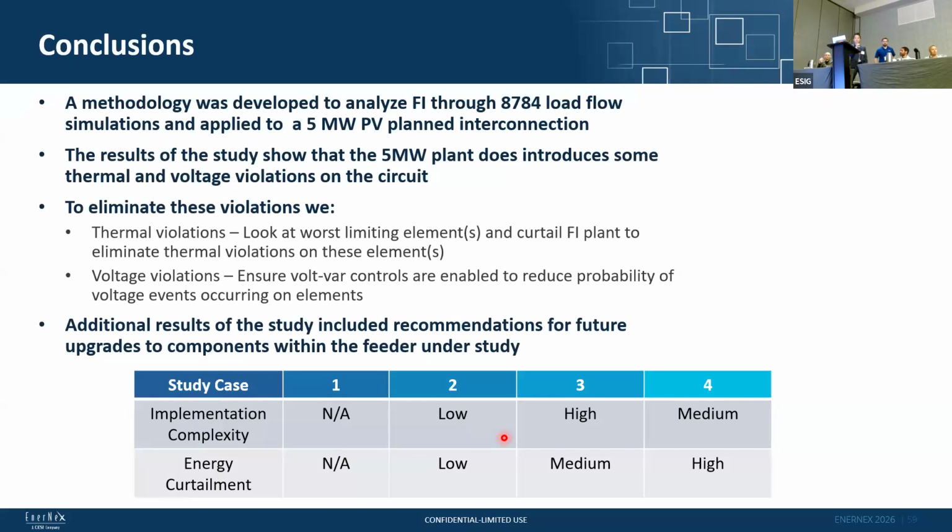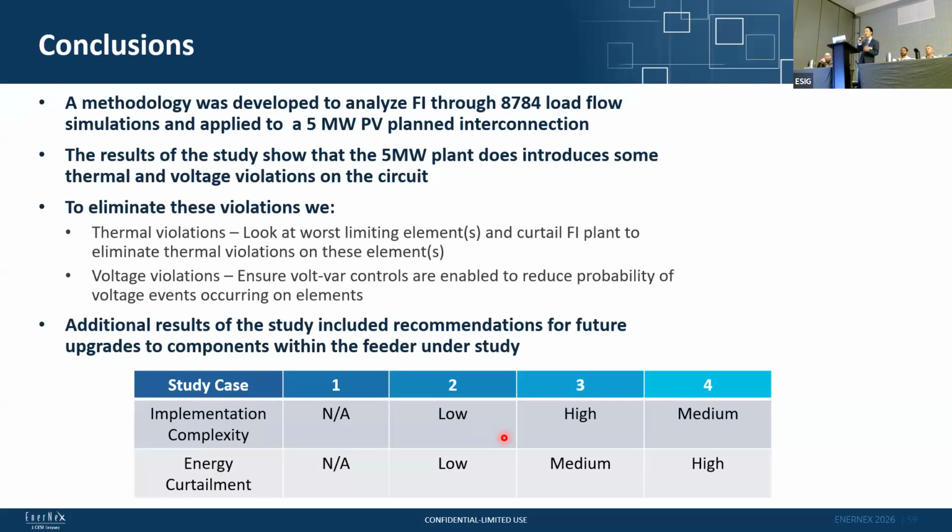Thanks so much, Mark. It's great news here. Basically, Mark shared with us that your volt var settings and the flex interconnection don't fight with each other. Indeed, if you implement a flex interconnection with the volt var setting for the voltage control, it can both relieve the thermal constraints as well as the voltage violations, which is great news.